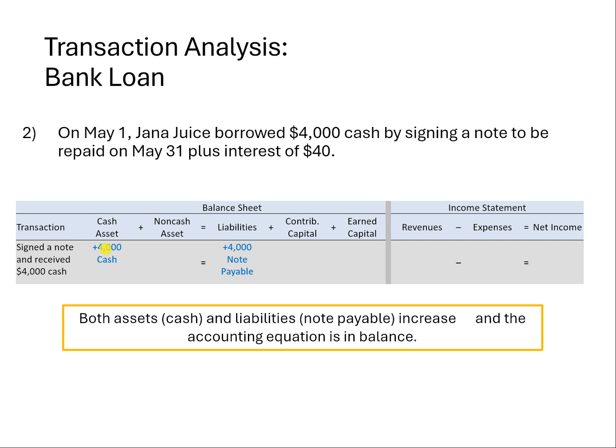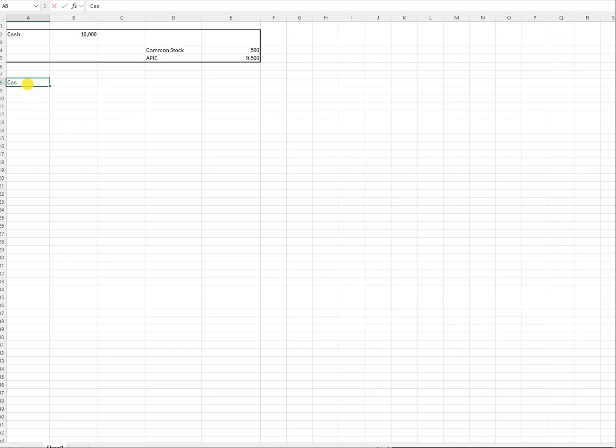We debit cash $4,000, and we credit liabilities. This is a short-term loan, because it will be paid in a month. Loan will increase by $4,000. Complete journal entry.